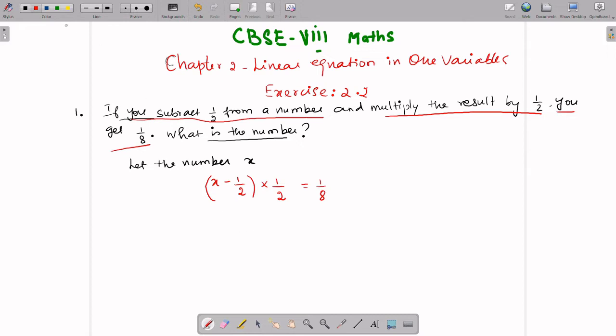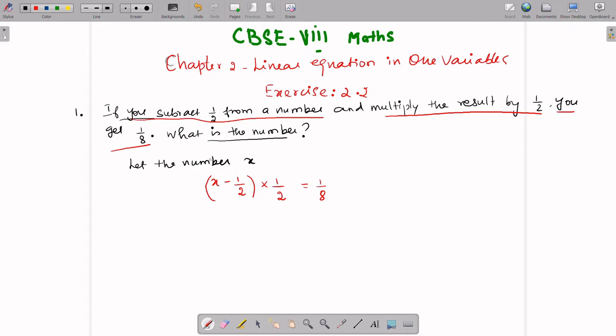So the question is, we have to find one number, which we have taken to be x. And what is our condition? If you subtract 1 by 2 from the number, that is x subtracted by 1 by 2, and multiply the result by 1 by 2.